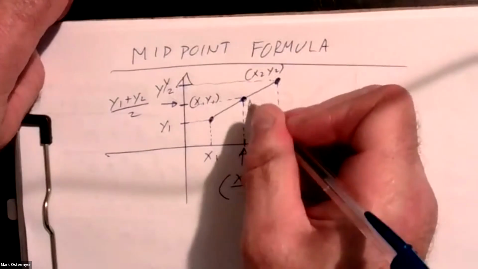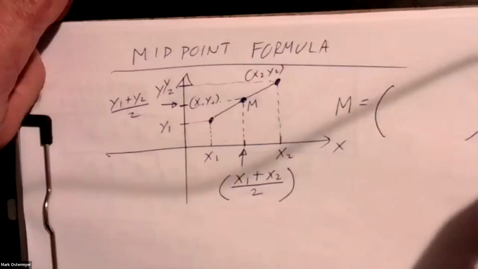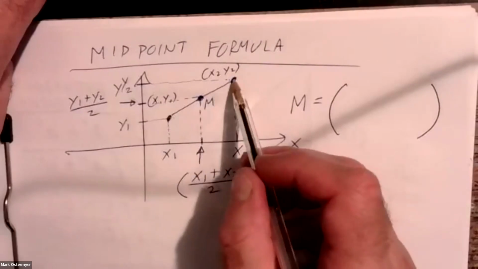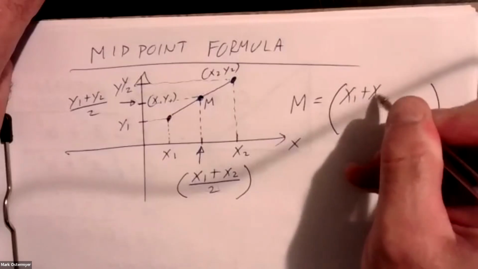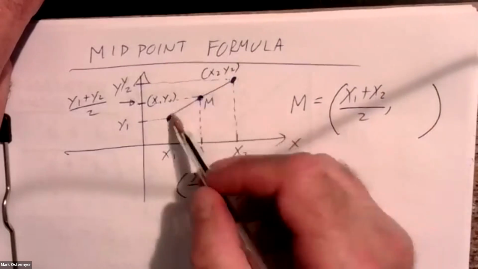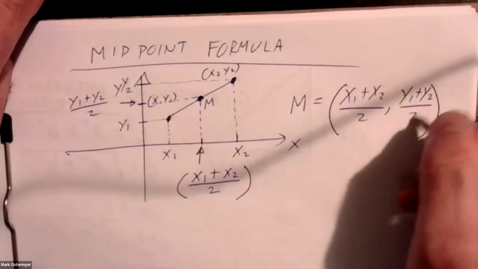So therefore, the midpoint, what is the ordered pair address of the midpoint? Well, the x coordinate of the midpoint is going to be the average of the x coordinates of the two endpoints of this line segment. So x1 plus x2 divided by 2. The y coordinate is going to be the average of the y coordinates of these 2 points, y1 plus y2 divided by 2.